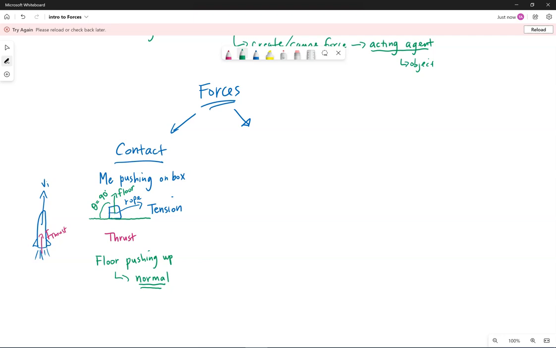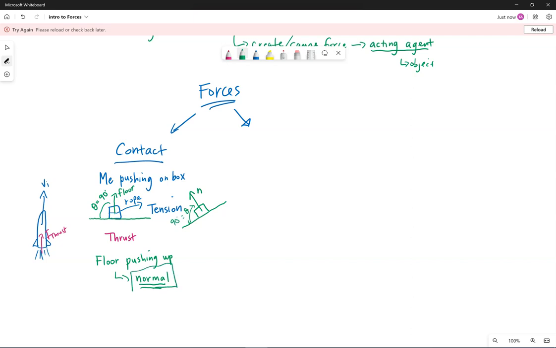The floor itself is horizontal. So the angle between the floor and the push upwards of the floor is 90 degrees. If we had an incline and our box was on an incline, we would draw this normal force so that the angle between these two is 90 degrees.